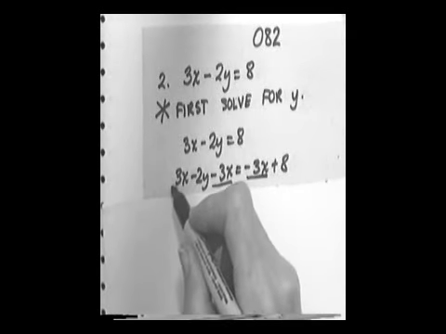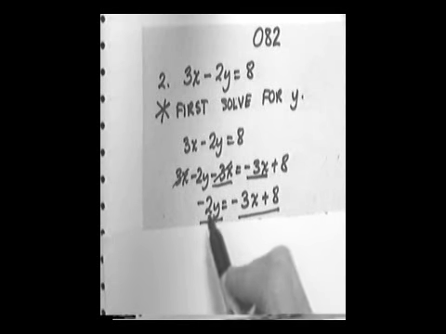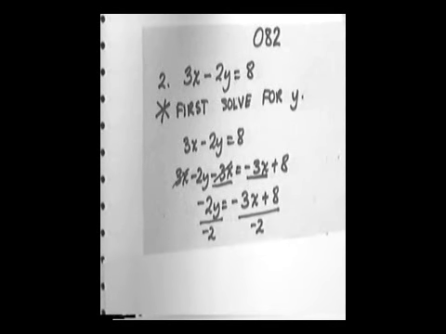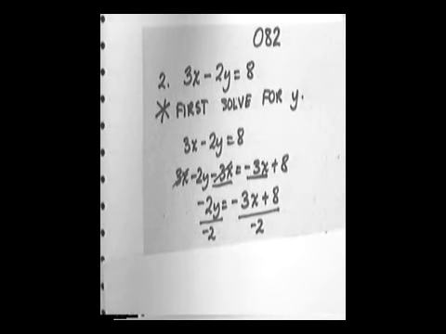Now on the left, the 3x subtract 3x cancels, and I get negative 2y equals negative 3x plus 8. To get y by itself, I must divide by its coefficient. The coefficient of y is negative 2, and so we divide both sides by negative 2. On the left, the negative 2 and the negative 2 divided into it cancel.